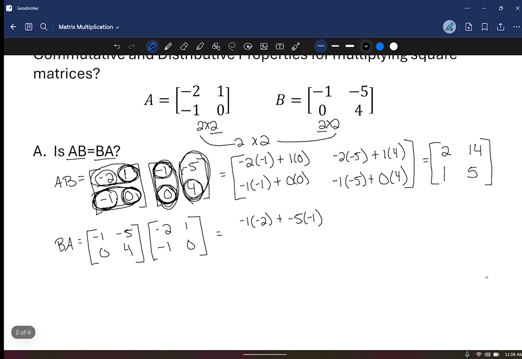Now we do first row, second column. -1 times 1 plus -5 times 0. Second row, first column. 0 times -2 plus 4 times -1. And second row, second column, 0 times 1 plus 4 times 0.